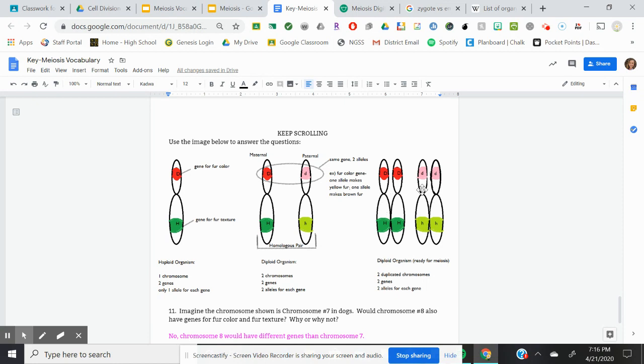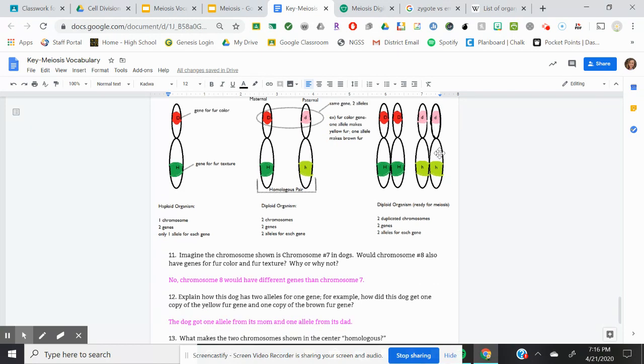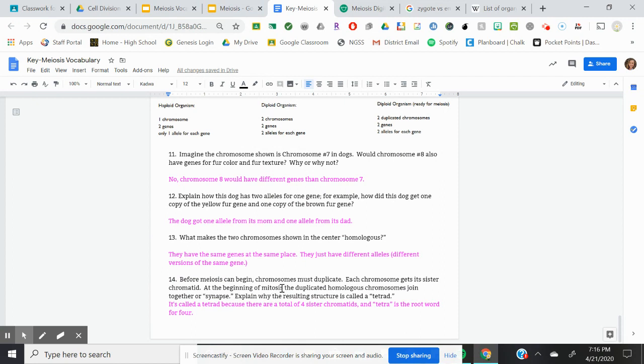This homologous pair joins together during meiosis at the very beginning in a process called synapsis. They synapse right here, and the resulting structure is called a tetrad. It's called a tetrad because the root word tetra means 4, and there are 4 total sister chromatids, okay? So this should say meiosis.